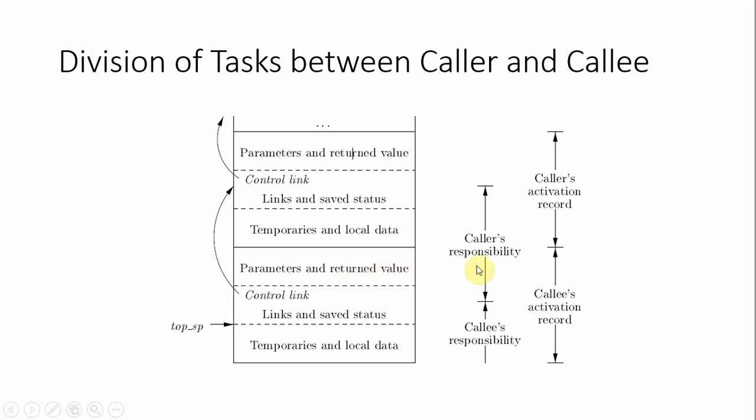Since both are procedures, both will have a similar structure of activation record, and the caller's activation record will have the same format as the callee's activation record. This is how the memory and stack is allocated and managed during the execution of the generated target code.